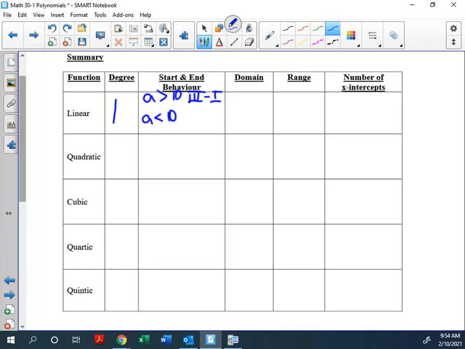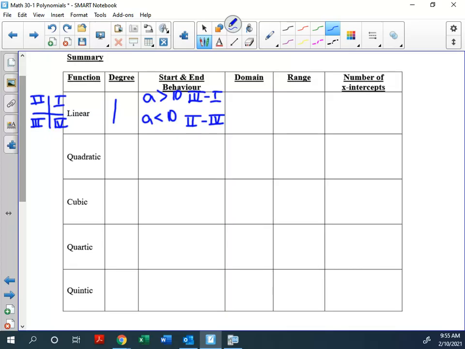However, if the A value is negative, it starts in quadrant 2 and ends in quadrant 4. Reminder of the quadrants. So our line either went from 1 to 3, or our line went from 2 to 4.